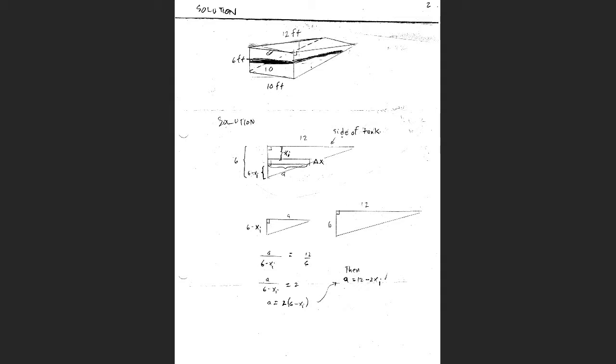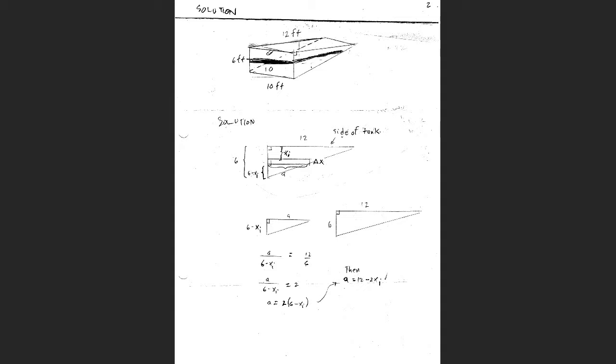And what we're going to be doing is figuring out how much work it takes to pump the water out of the tank. We're going to take that water in the tank and break it up into layers. And we're going to find out how much work it requires to bring up each layer of water to the top of the tank.